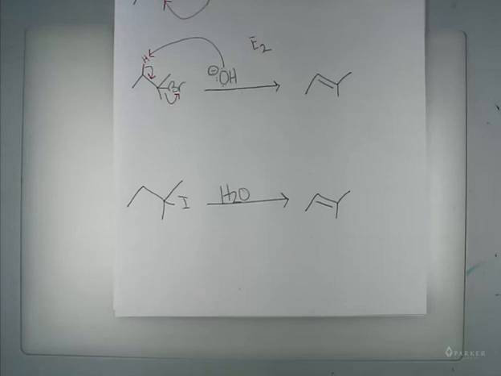So again, that is always your E2 mechanism. A base will grab a hydrogen, hydrogen will leave its electrons to make a double bond, and your leaving group leaves. That will always occur.